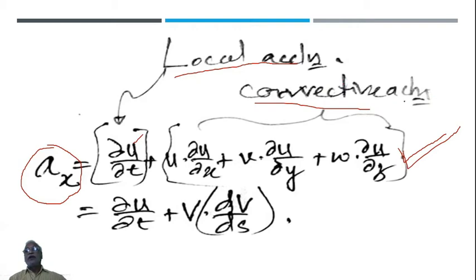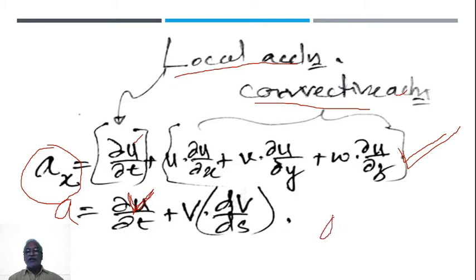This equation is denoted as dou u by dou t plus v into dv by ds, because it is a spatial variation. So acceleration in general is dv by dt plus v into dv by ds.